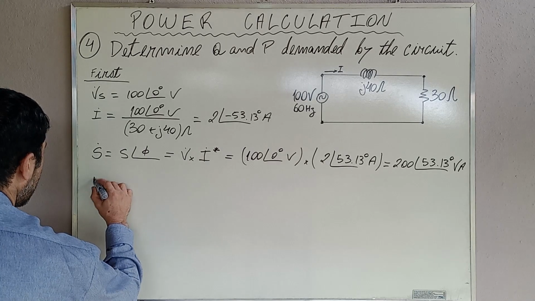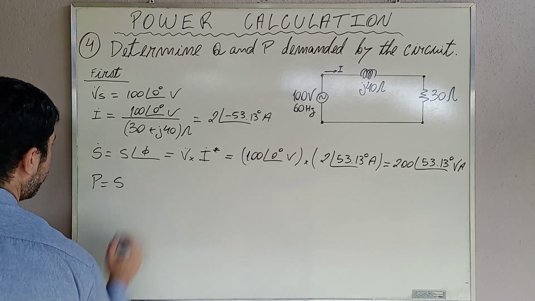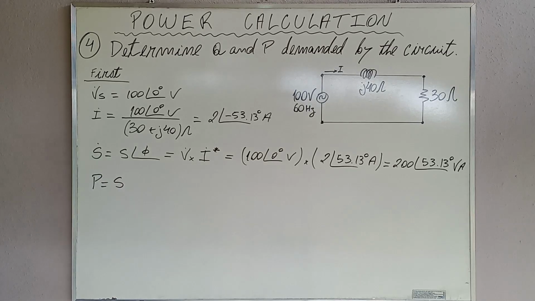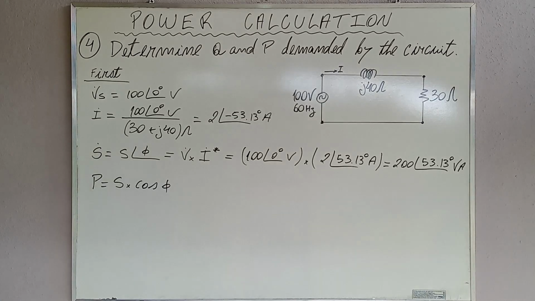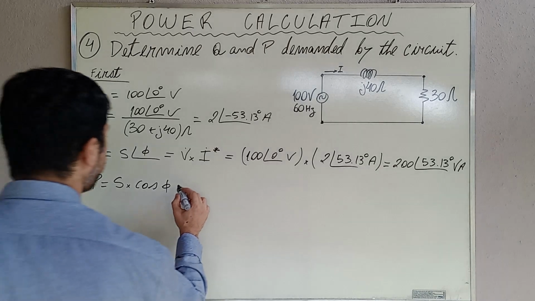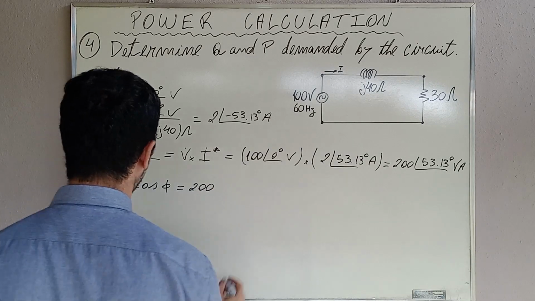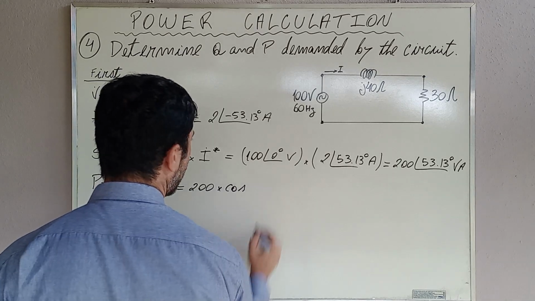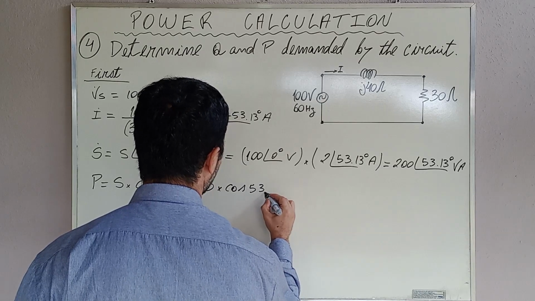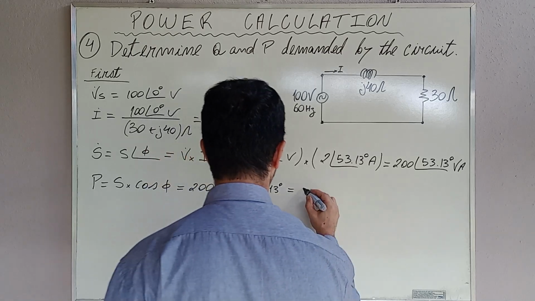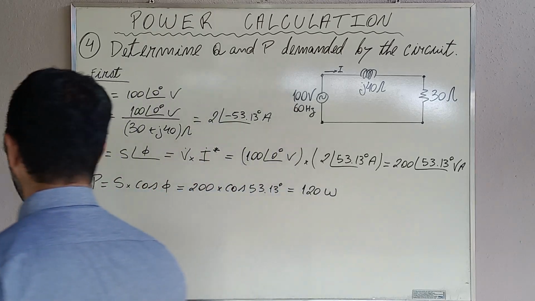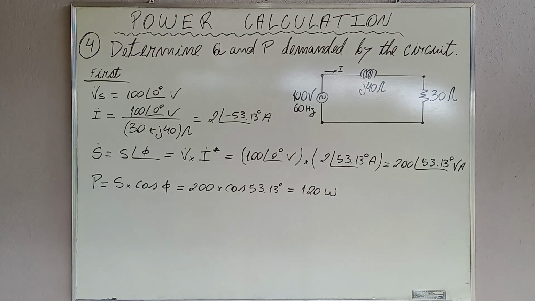P is equal to S, the apparent power, which is the magnitude of the complex power, times the cosine of the angle, that is 200 times the cosine of 53.13 degrees, and this is equal to 120 watts. This is the real or active power.